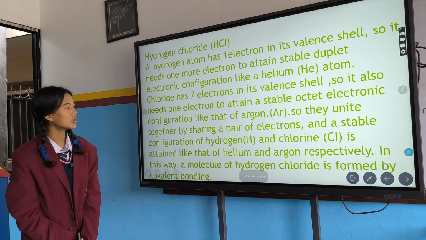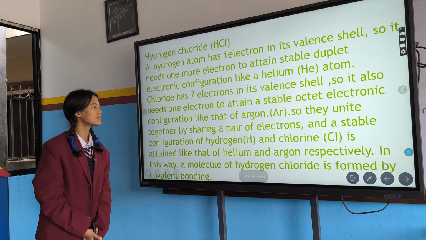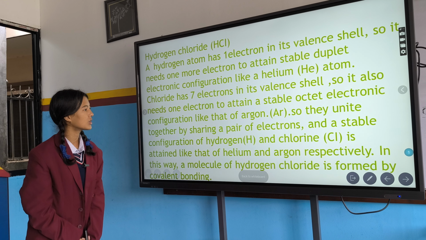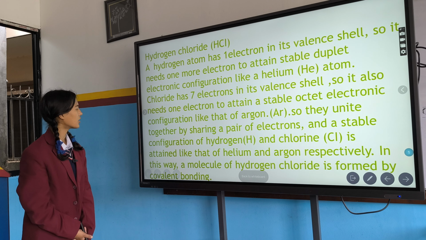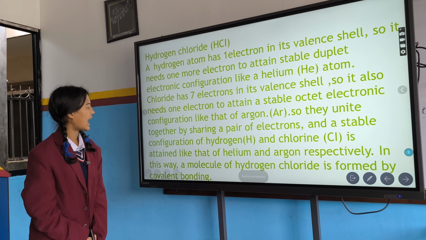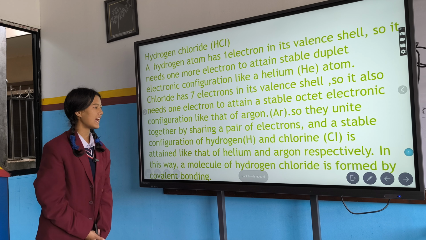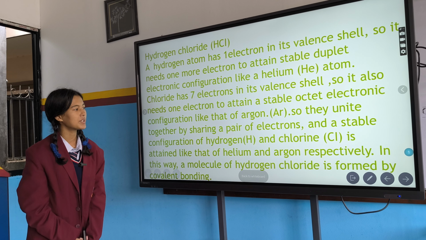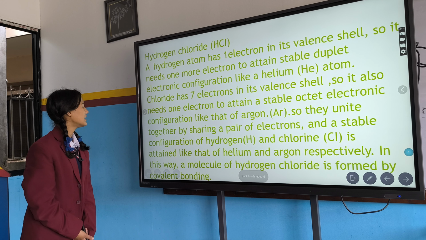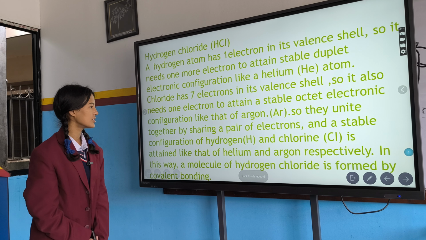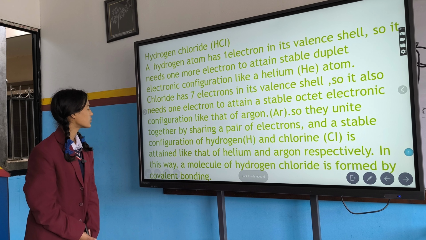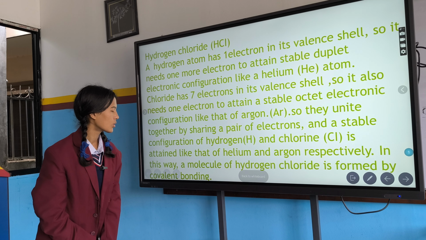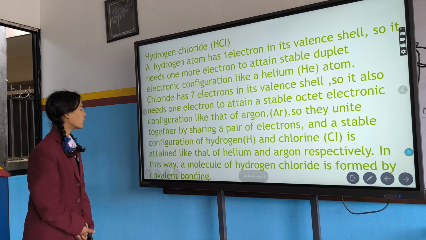Argon is denoted by capital A and small r. So they unite together by sharing a pair of electrons and attain a stable configuration. Hydrogen is denoted by capital H, and chlorine by capital C and small l. They attain configurations like those of helium and argon respectively. In this way, a molecule of hydrogen chloride is formed by covalent bonding.